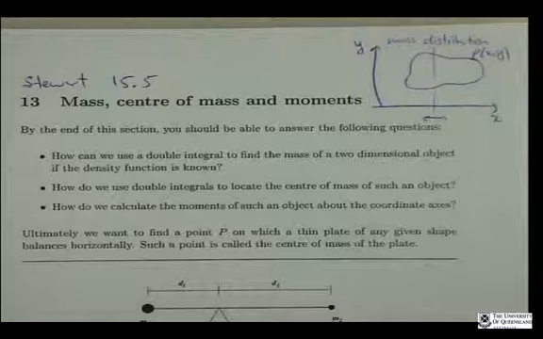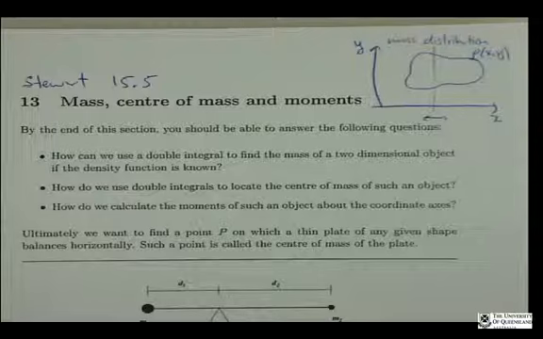So what we're interested in doing is locating the position given the mass distribution rho. I'll say plenty more about how we define this density function later on. But that's what we're going to look for: that particular value of x on which this two-dimensional object would balance, given how its mass is distributed through a region.